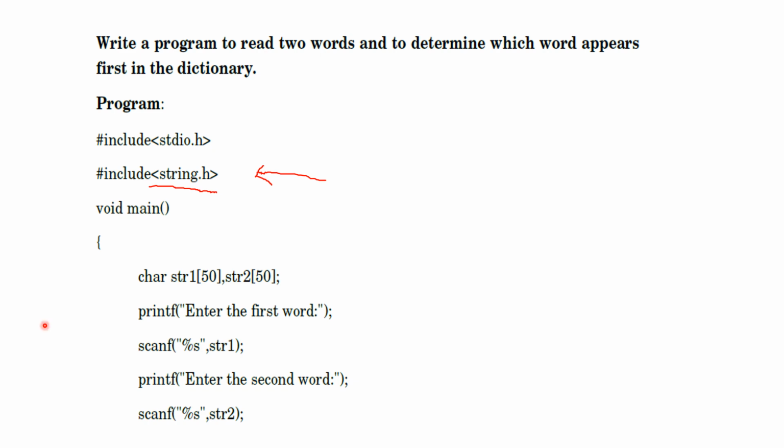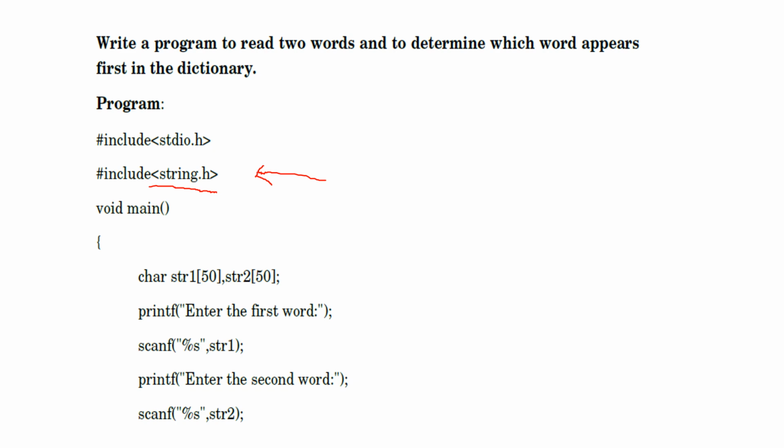Let's consider a program example. This program will read two words and determine which word appears first in the dictionary. Here the header files are included in the program. Please note the header file string.h.